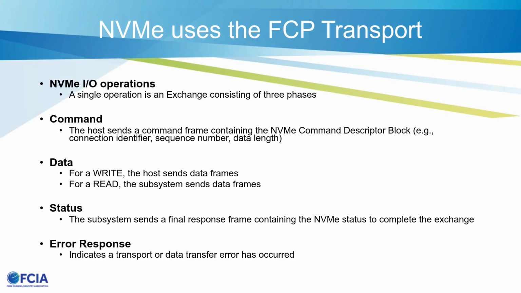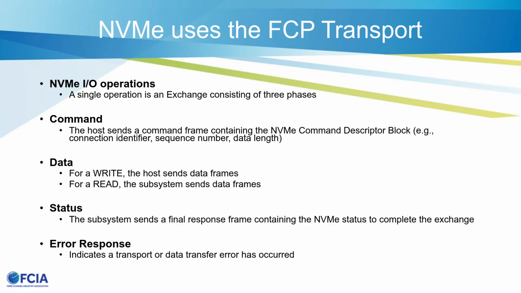So very similar to the SCSI CDB in that it includes a connection identifier, a sequence, and a data length, which we'll see here shortly. The data operation, which is phase 2, is also very much the same: host sending data or the subsystem sending data, depending on whether it's a write or a read. And then, of course, finally, there's the status operation that marks the end of the exchange.